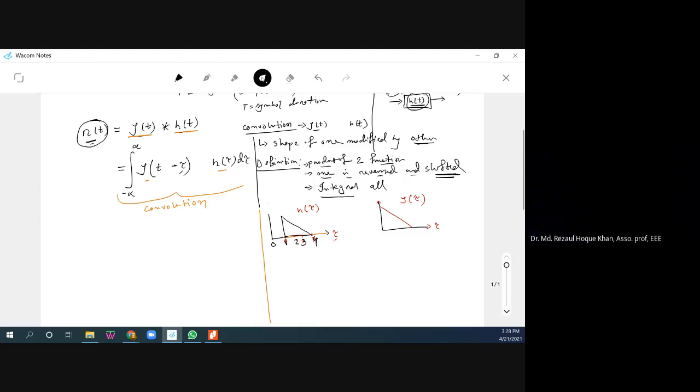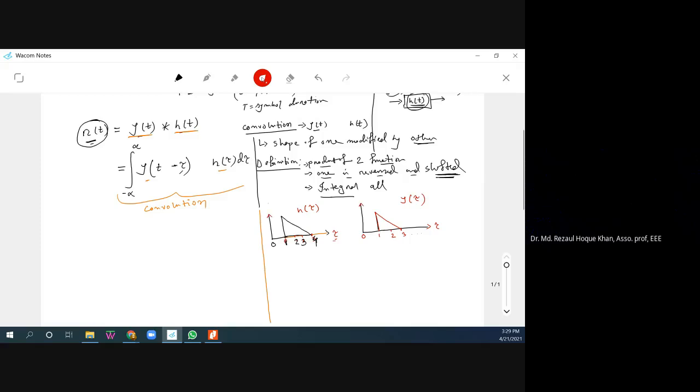Same thing here. So this is the signal, and this is the shape of y(t), a triangular. So this is 0, 1, 2, 3. This is the shape of these two signals.